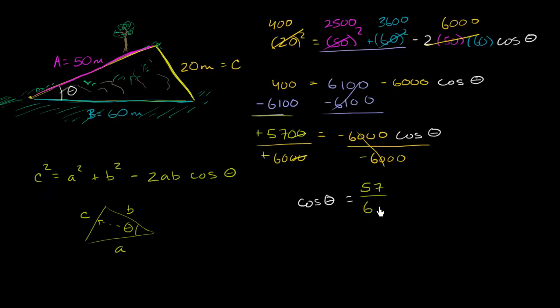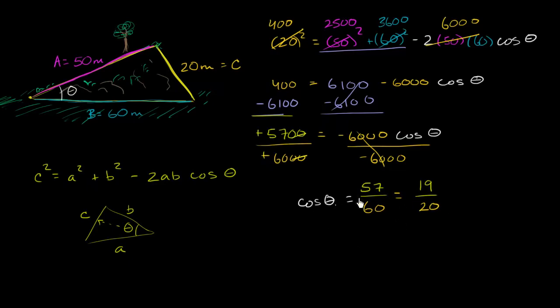And actually that can be simplified even more. 3 goes into 57. Is that 19 times? Yep. So this is equal to 19 over 20. We actually didn't have to do that simplification step because we're about to use our calculators, but it makes the math a little bit more tractable, right? 3 goes into 57, yeah, 19 times.